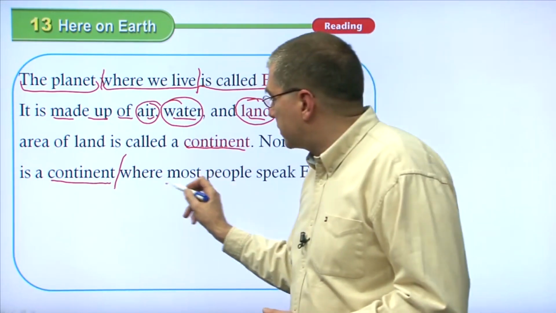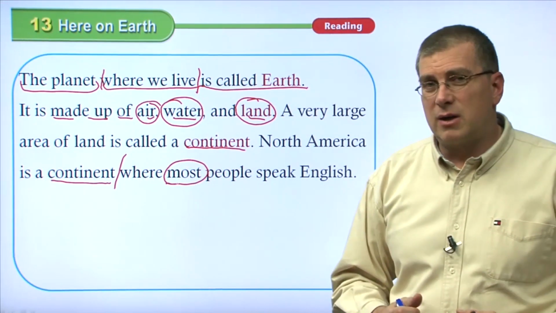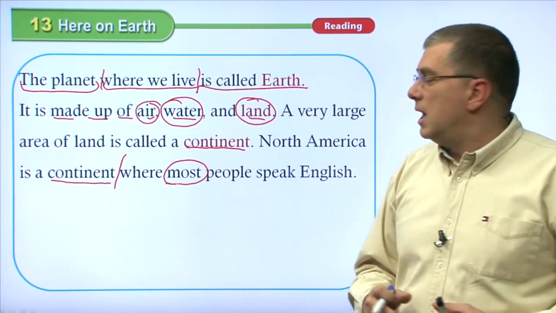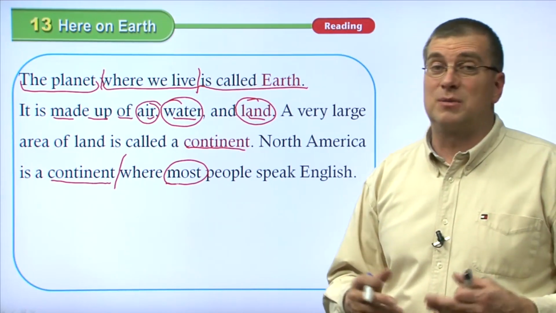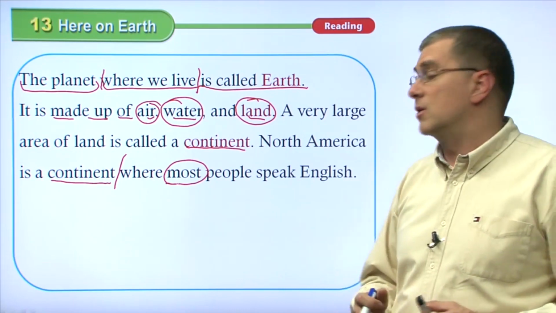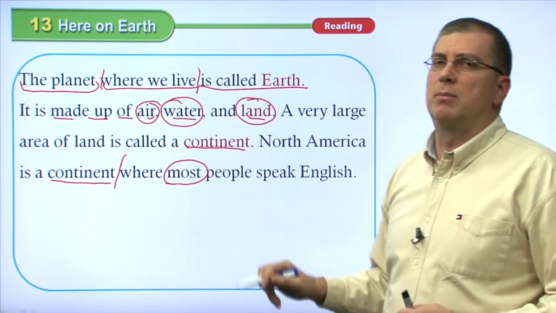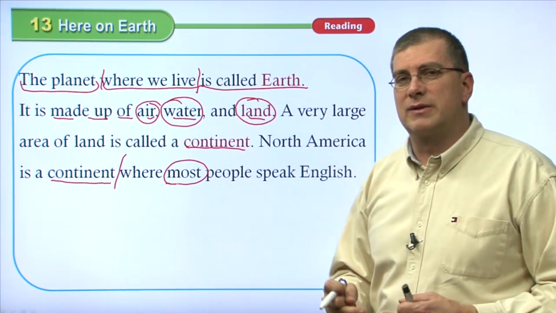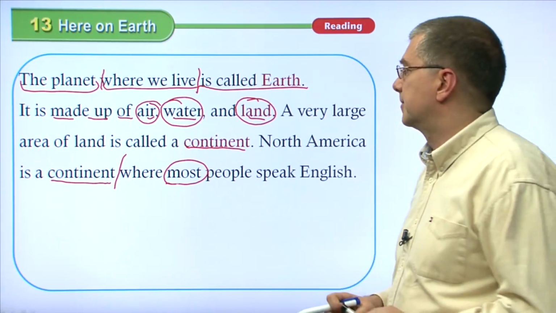It says most, not all, because North America also includes Mexico and Cuba and Haiti and some other Caribbean nations where people don't speak English as their native language. They speak Spanish as their native language. So it's not all people, it's most people. Most people speak English in North America. There are more Canadians and Americans than people in Mexico or other Caribbean nations.